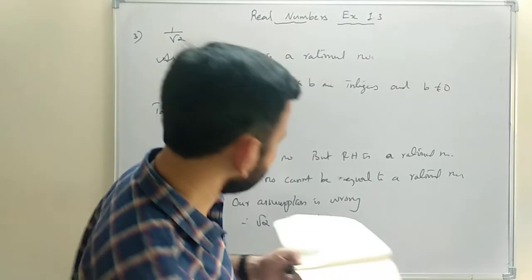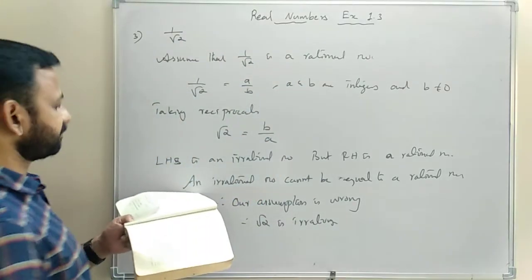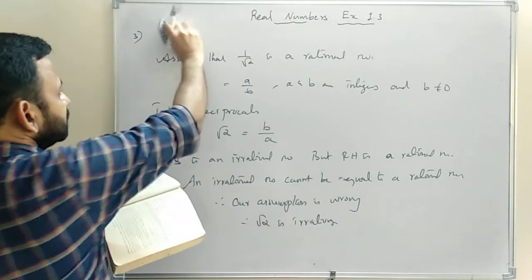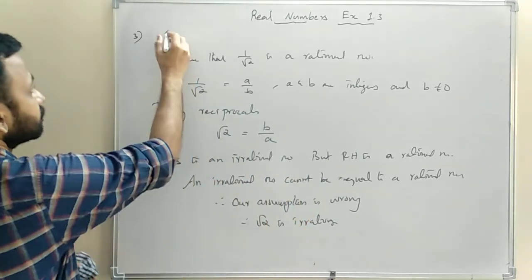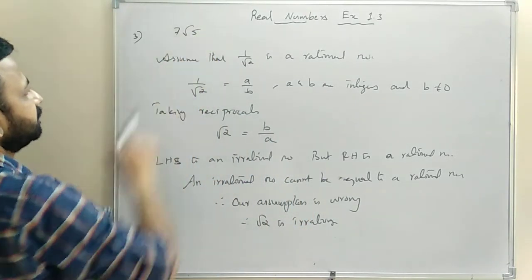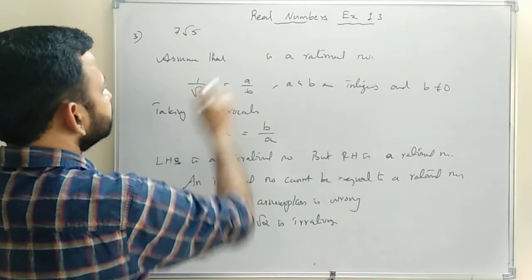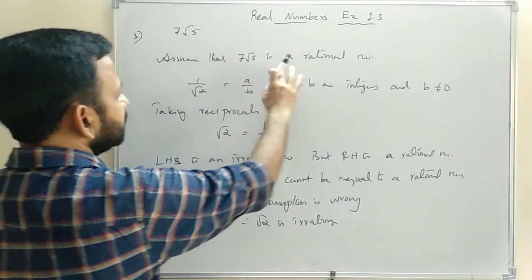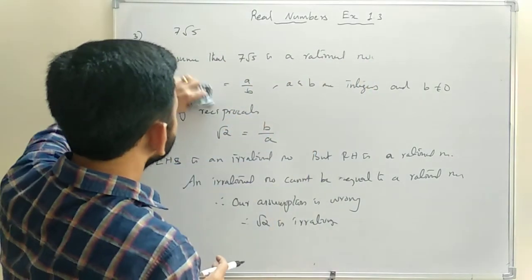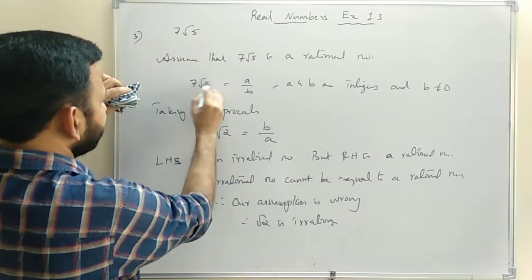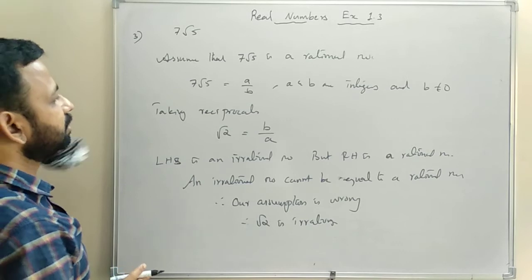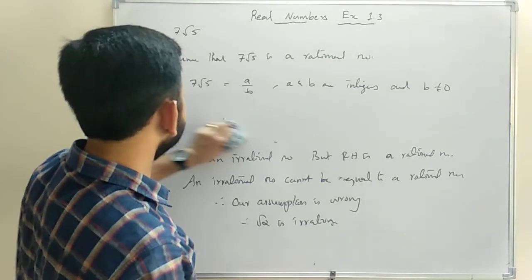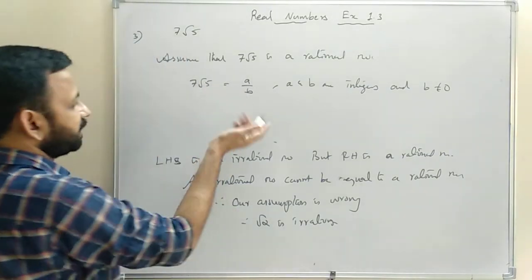Then we can do the second part, 7 root 5. Same, assume that 7 root 5 is a rational number. Therefore, 7 root 5 is equal to a by b, where a and b are integers and b is not equal to 0. Then here we will take 7 from left to right.